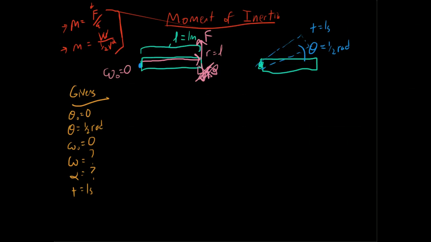Ultimately, if we want to find out something involving the change in motion, just like we did with force, where we had a force over an acceleration, it's a reasonable guess that we're going to need to figure out what is going on with this angular acceleration. I could just give these numbers to you, but I want to give you an example of how to solve an angular kinematics problem. So what I have here is everything except for alpha and the final angular velocity. So I don't care about that.